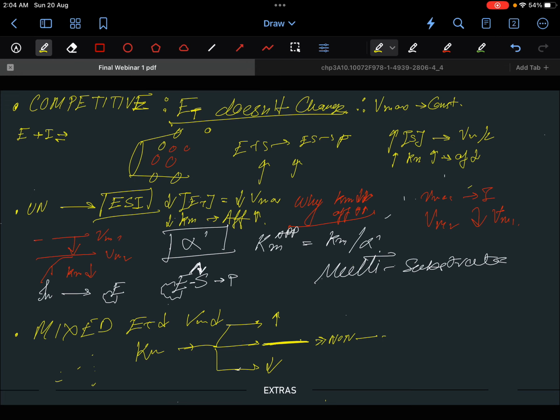The kinetics of irreversible inhibitors resembles this non-competitive pattern.